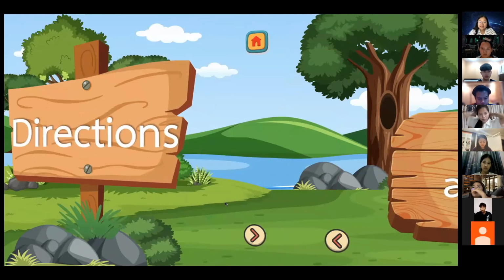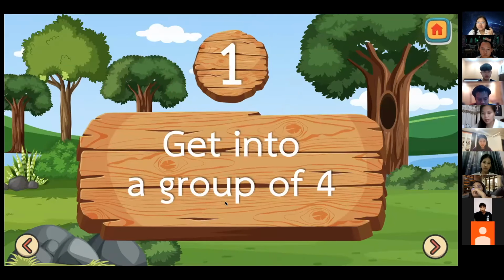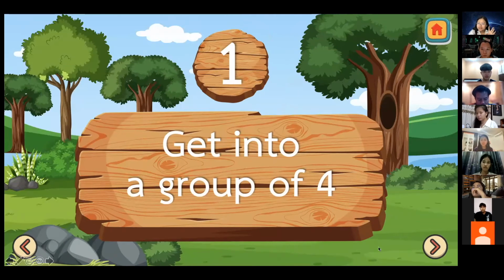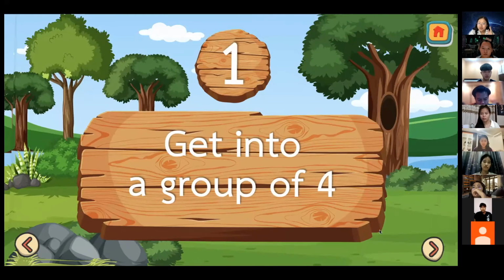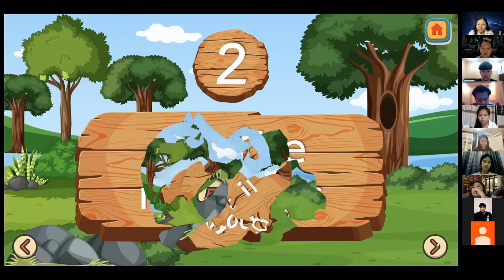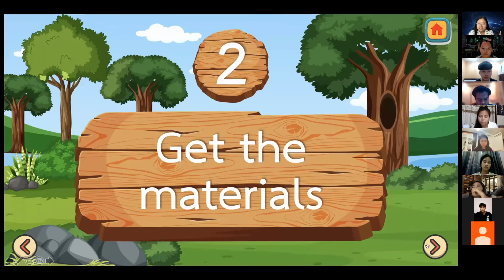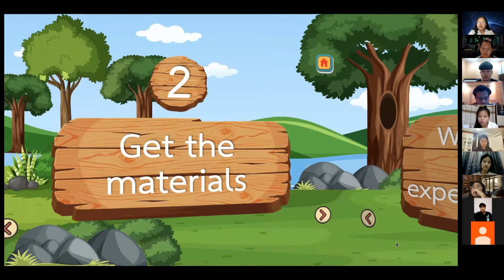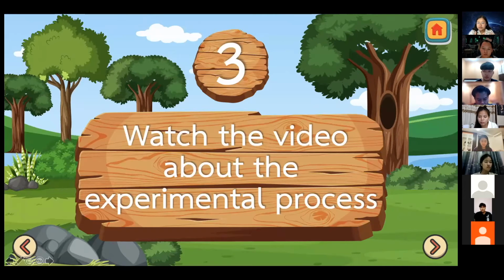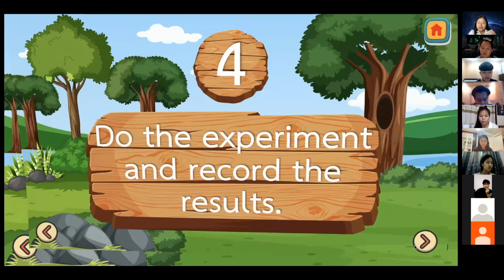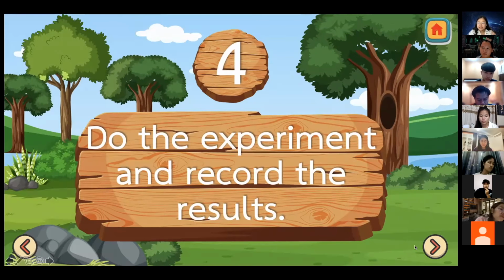The first one is get into a group of 4. Next, you will get the materials and equipment. And then I will let you watch the video about the experiment, the experimental process. And then you will do the experiment and record the result.